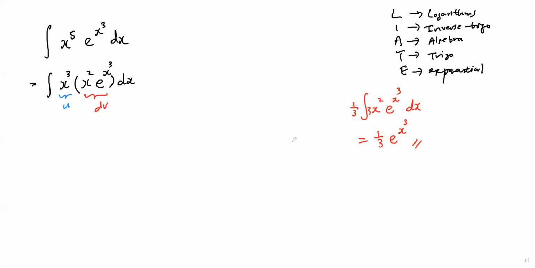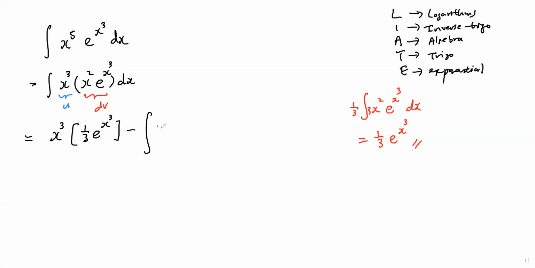So what should this be then? I'm still using by parts, and this is our u, so this is x cubed. And v, being the integral of this, is 1/3 e to the power of x cubed. That will be our uv minus the integral of v du.